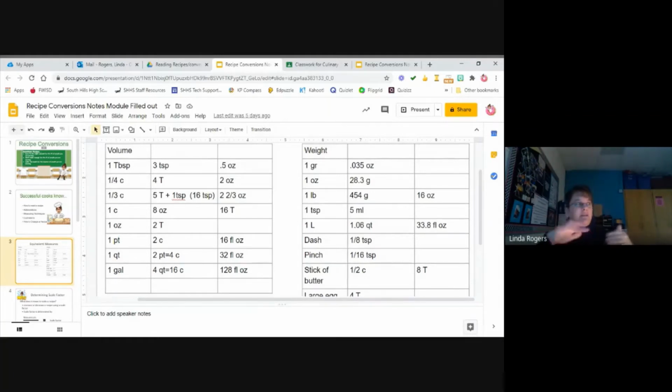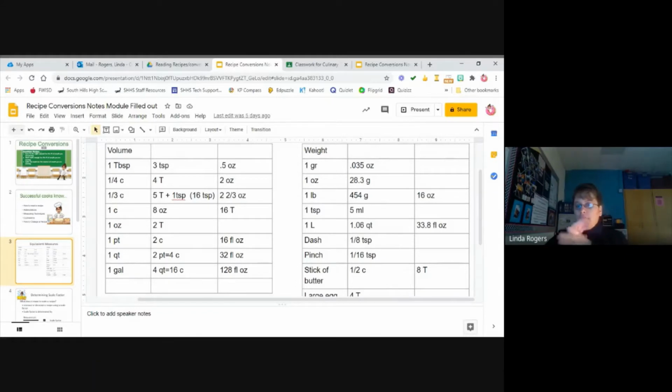Do y'all remember base 10 from elementary school when you did the little blocks and all that? It's a lot easier to calculate, whereas ounces is based on 16.